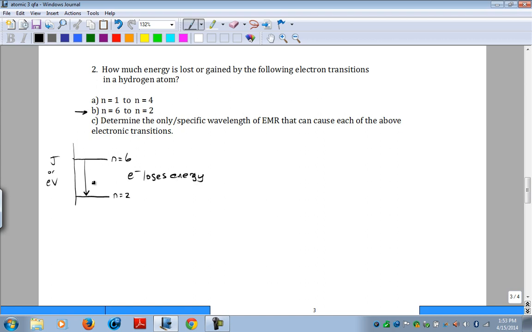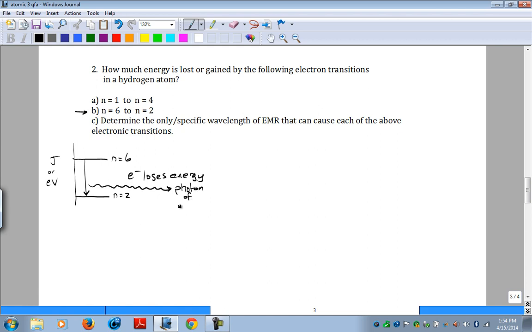Nothing to memorize there. You're literally saying it's getting lower in energy. Well, that energy can't be destroyed. A packet of energy is formed as a result of the electron losing energy. A photon of energy is formed.